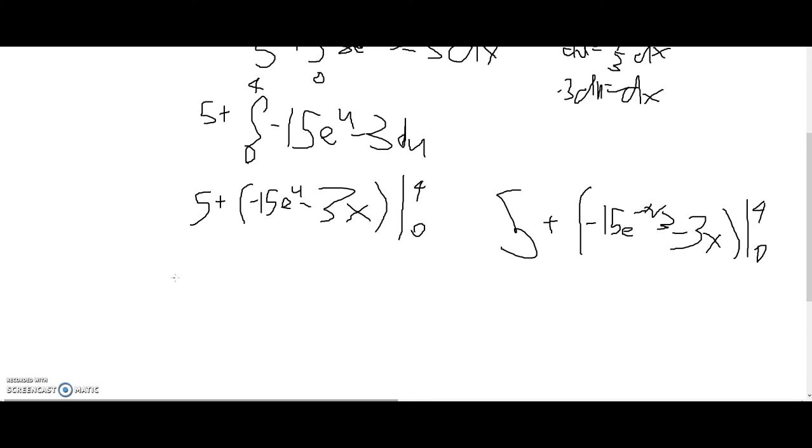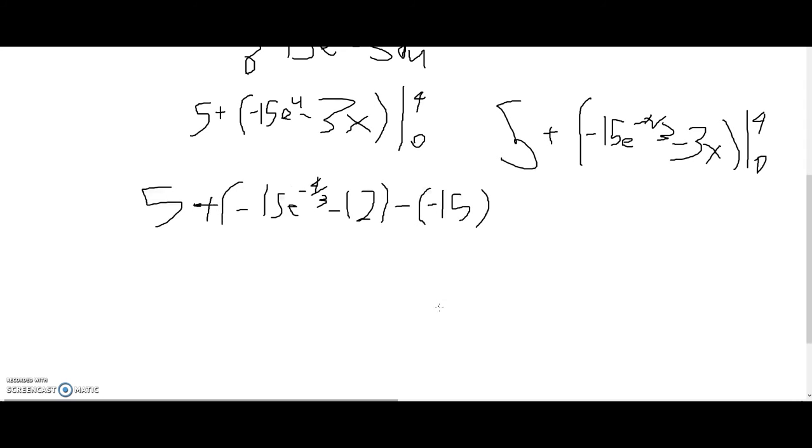Okay, now simplifying, we get 5 plus negative 15 e to the negative 4/3 minus 12 minus negative 15.